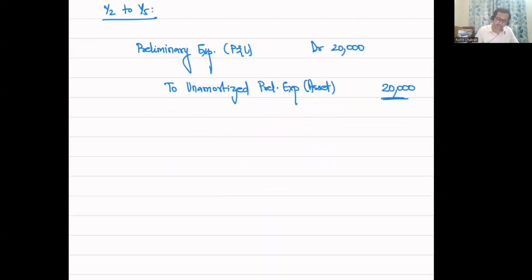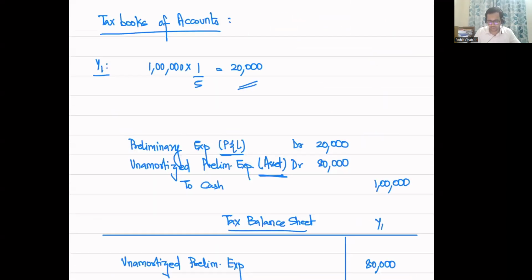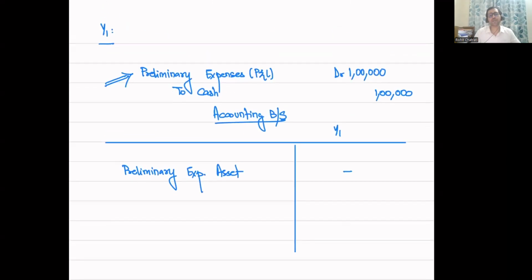Now let's actually sit down and calculate the deferred tax implication on this. The first step is the carrying amount of the preliminary expense asset. Carrying amount basically means that you need to look at your accounting balance sheet. In the accounting balance sheet, did we have any preliminary expense asset?